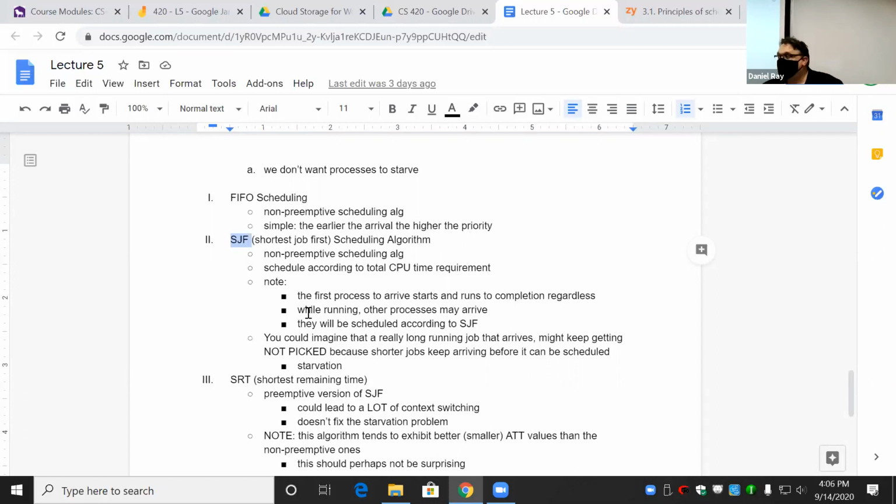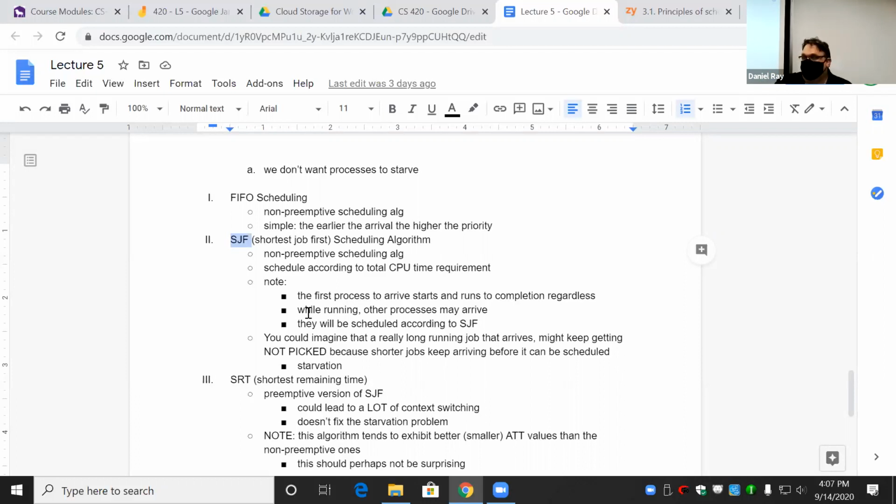Again, this is a non-preemptive scheduling algorithm. So with shortest job first, the first job to arrive goes on to running, okay? When another process arrives, what happens?